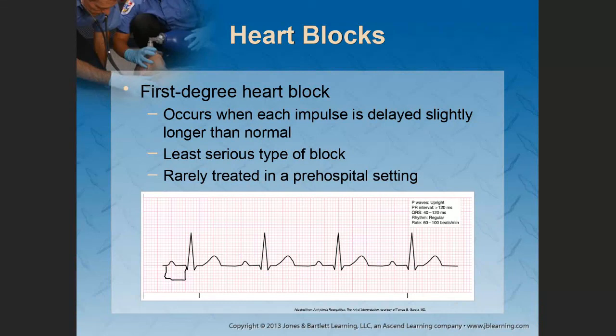And that's the only thing that's different for this rhythm. So that's a key finding. Now, what did I say is occurring if the PR interval is greater than 5 small boxes?